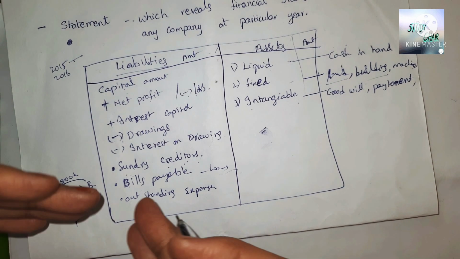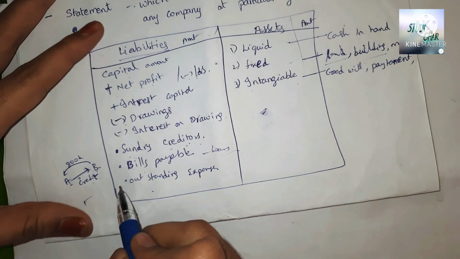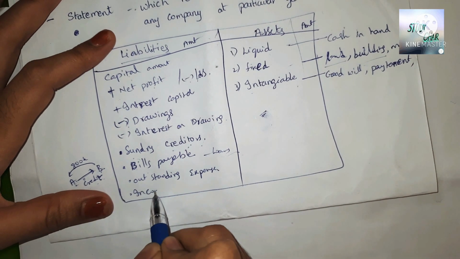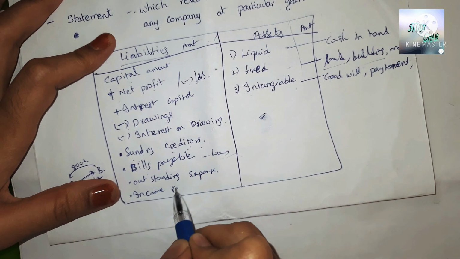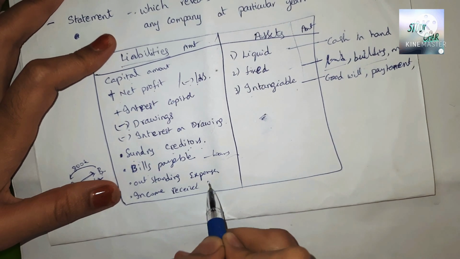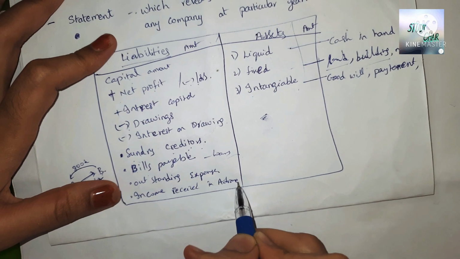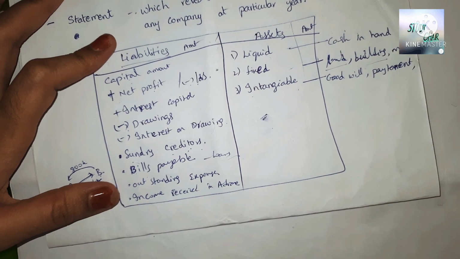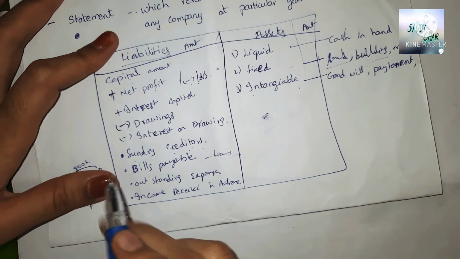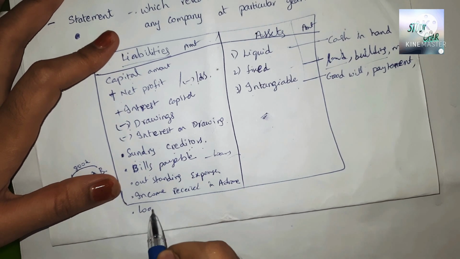Those types of expenses also we will subtract. And then income received in advance. Advances also come under liabilities only. That means next year's rent received this year. And then the next one, loan on mortgage.